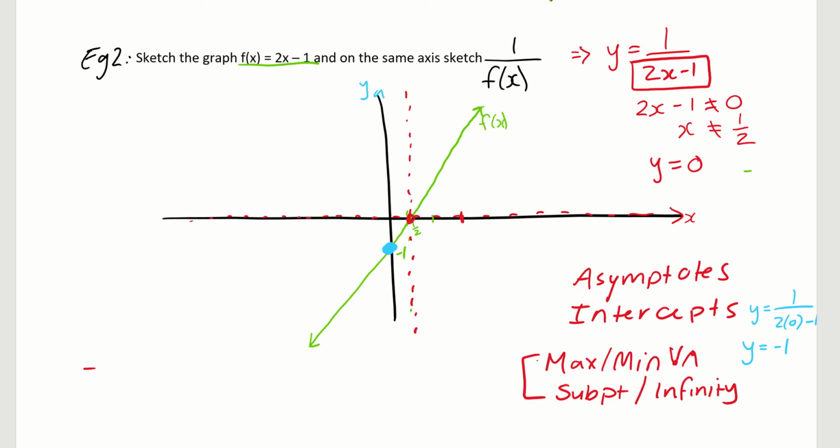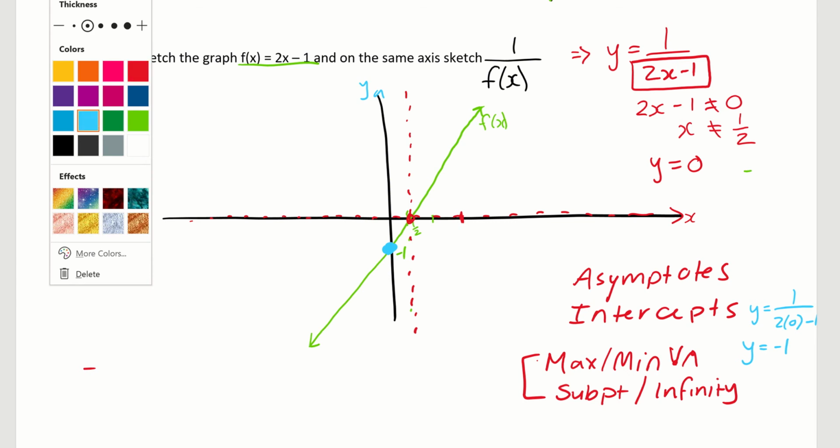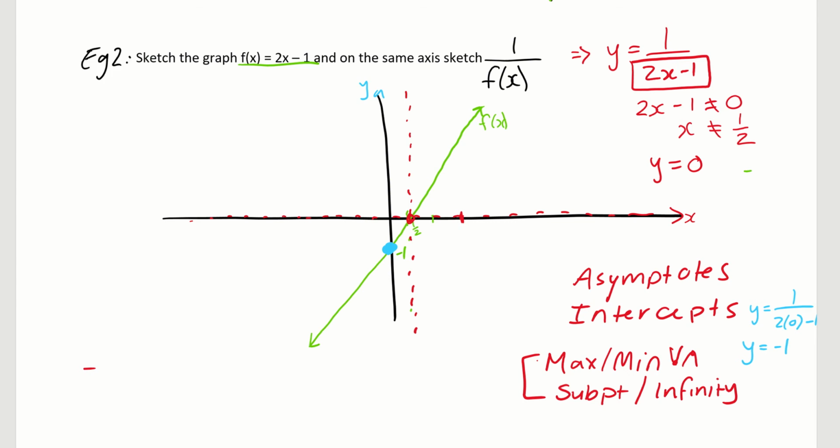So the idea is, now we know the asymptotes. We know where this reciprocal function passes through. We know the nature is a hyperbola, okay, because all of these reciprocal functions are hyperbolic. And we know that they have to approach the asymptotes, which gives us the graph of this.